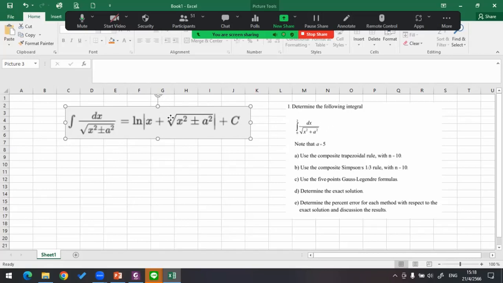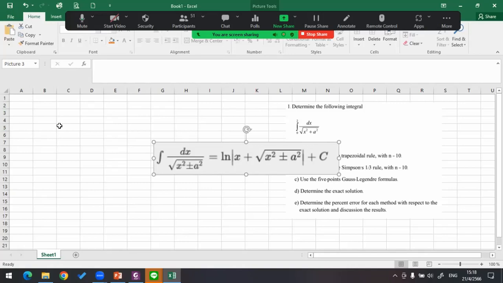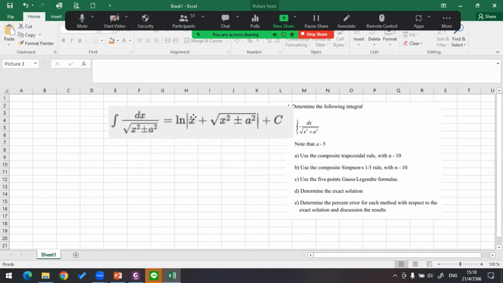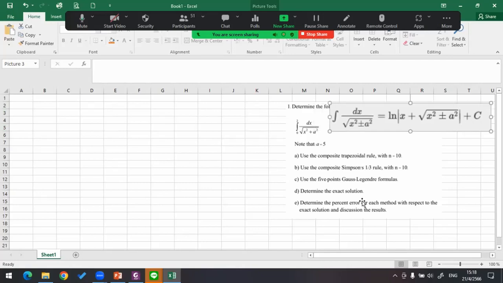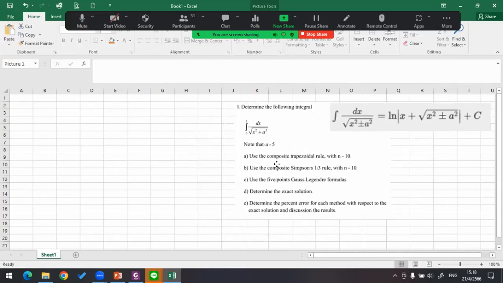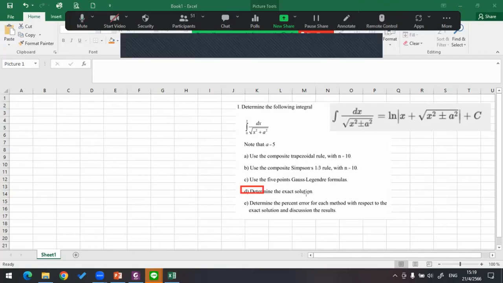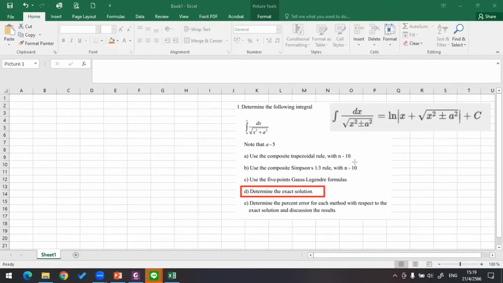Okay. So for this case, we will work with problem D first. We will determine the exact solution first, before we go to the trapezoidal rule.